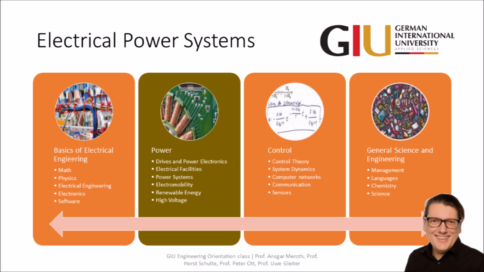But here we have more network science and communication, which is important in electrical power systems and future power systems. Then on the left hand side, the basics of electrical engineering as a part of the electrical power system program. Math and physics are common in all.